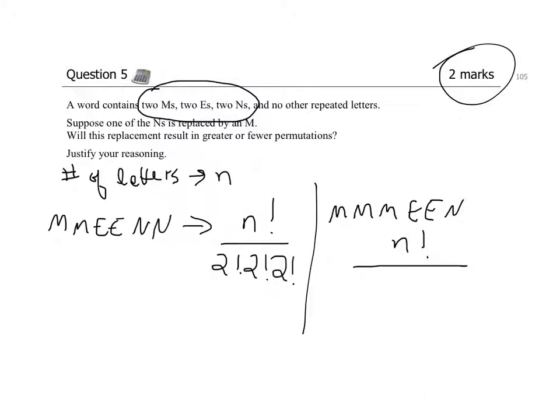On the bottom, I'm going to have 3 factorial for the M's, 2 factorial for the E's, and I could write 1 factorial still for the N, but we won't write that.